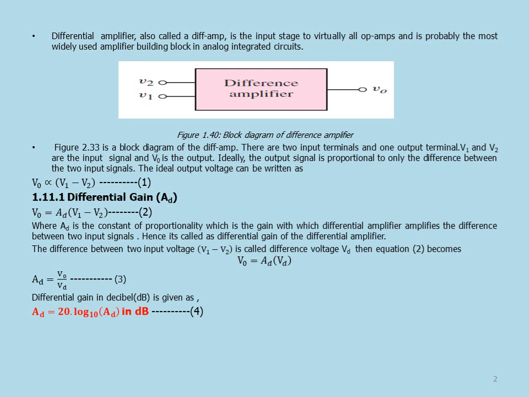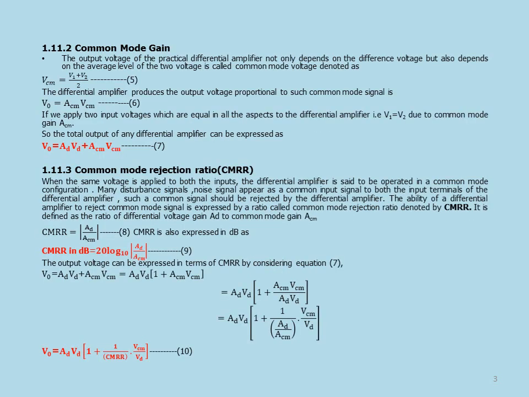If we want to calculate the differential gain in decibels, we apply the logarithm to equation 3. So the differential gain in decibels will be 20 log base 10 of AD, as shown in equation 4. Next, we go on with another topic called common mode gain.